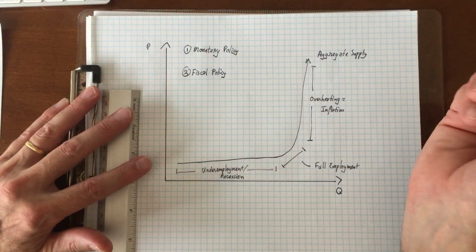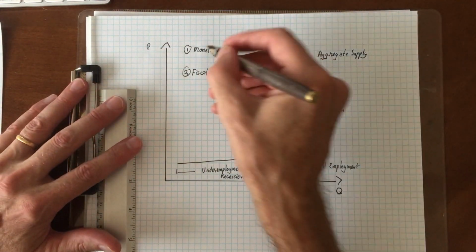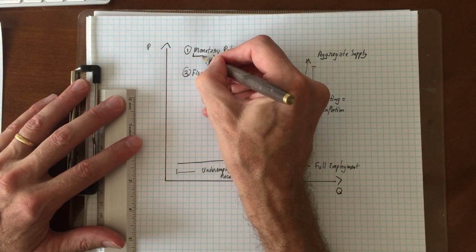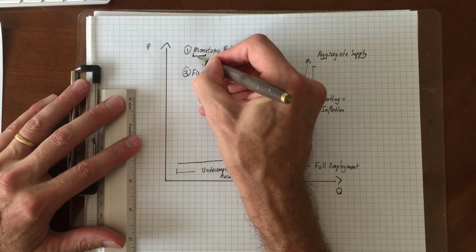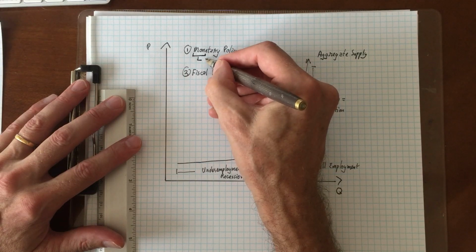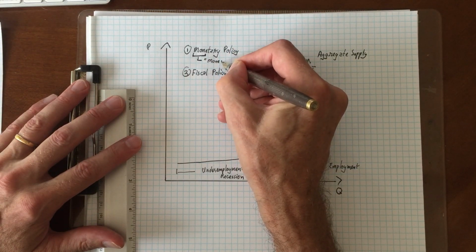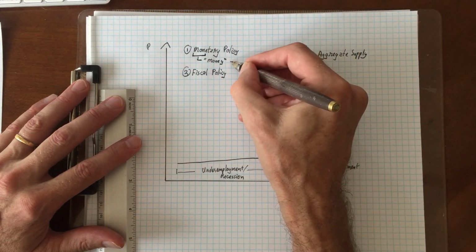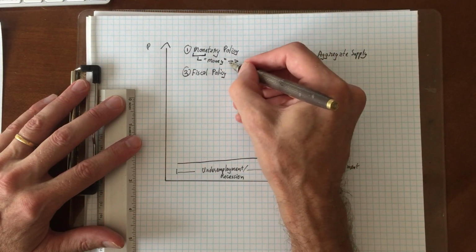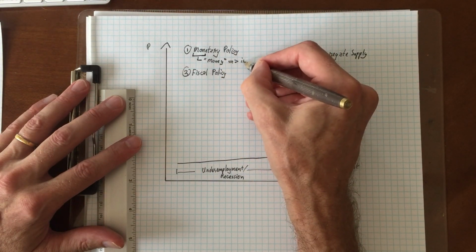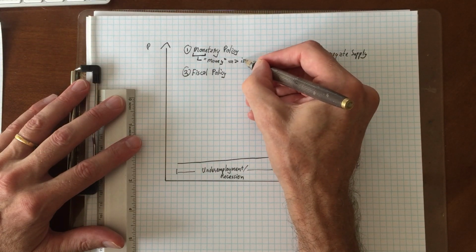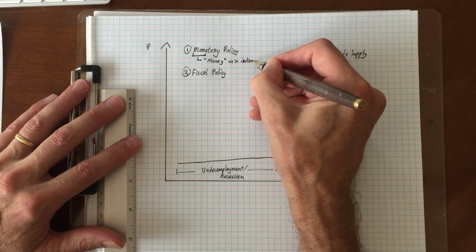Now, how to keep those two straight, one from the other? Look at the first four letters. In monetary policy, the first four letters basically are almost all of the word money. And the price of money is interest rates.